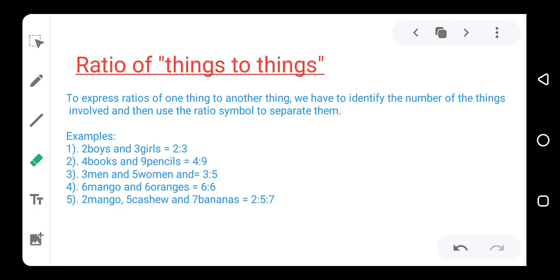Then we write the first one and put the ratio symbol, use it to separate the first one and the other numbers.